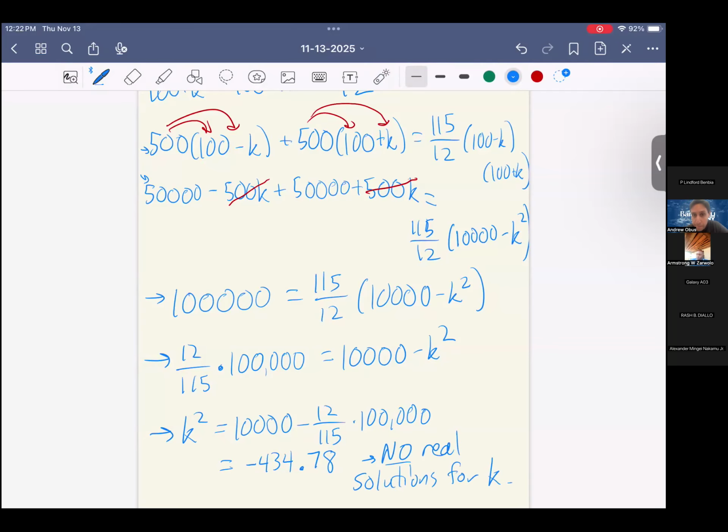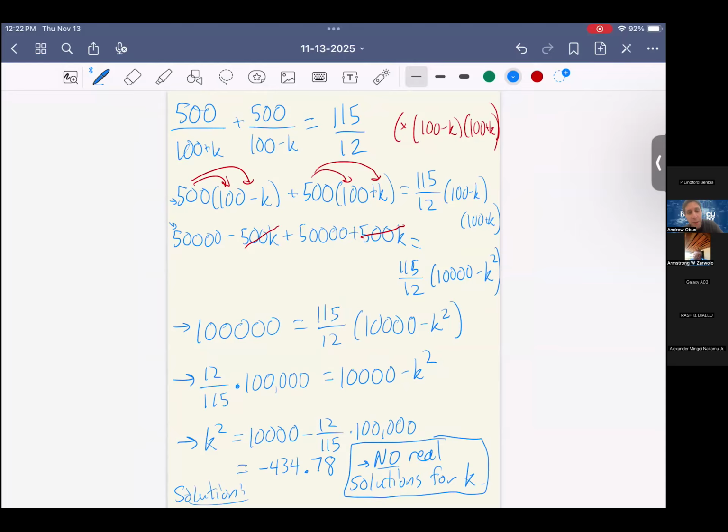And what does this tell us? So what's actually going to happen here? This is it. I mean, this is the solution. The solution is that there are no solutions. There's no real solutions for k. And what this tells you is exactly right. As Linford writes, this is exactly right. Basically, if a plane is making a round trip, having no wind will always be faster than having a constant wind speed.